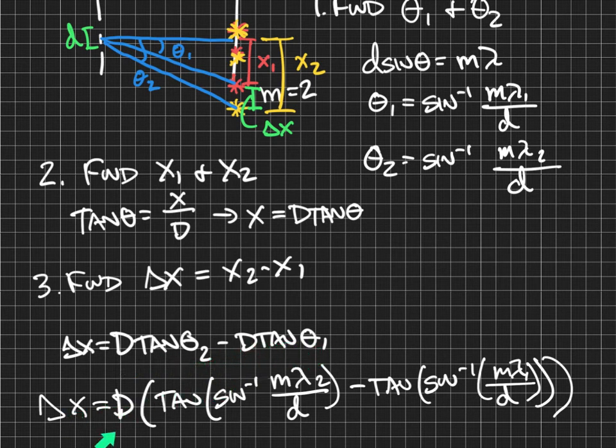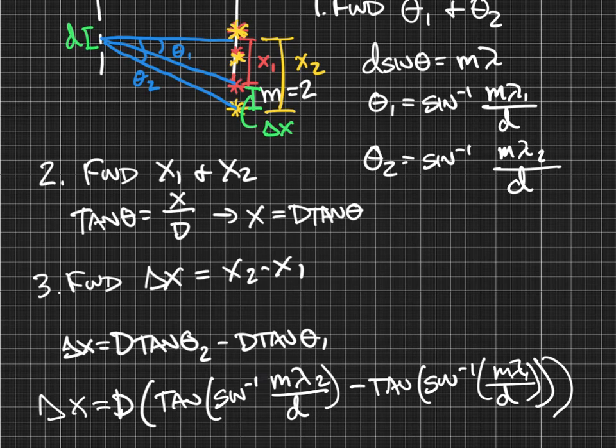And this becomes a lot. There's maybe a better way to simplify this. I don't have my sine and cosine laws memorized, but basically we have d times the tangent of the inverse sine of this, minus the tangent of the inverse sine of that, and that's going to give me how far apart they are.